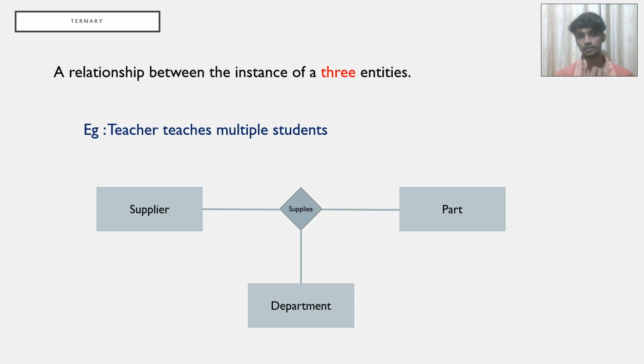The definition is very simple, but in an actual scenario it is kind of difficult, because ternary relationships have some weird constraint types, and are therefore kind of complex. But the example is very simple.